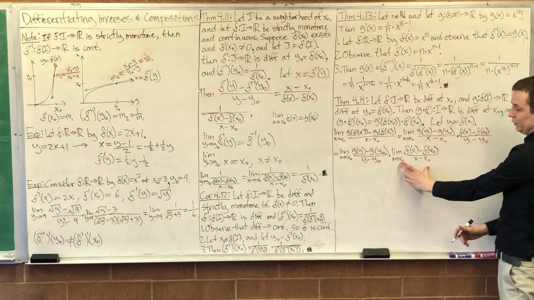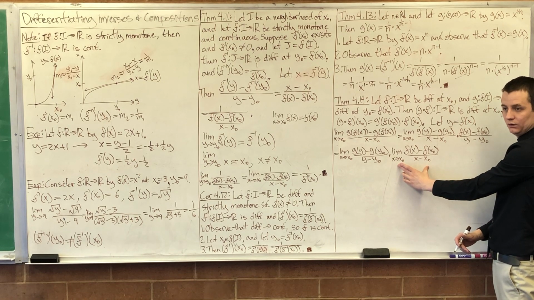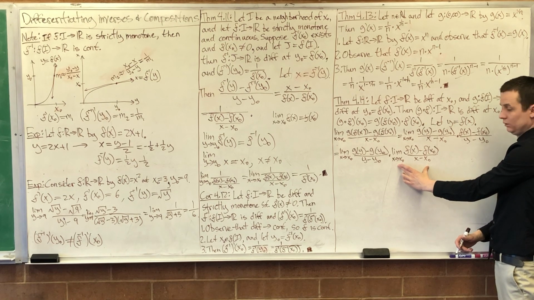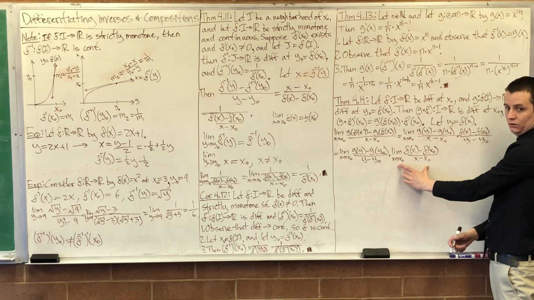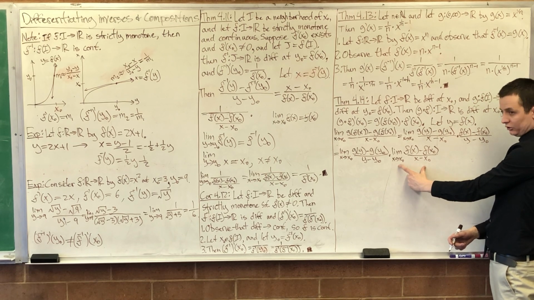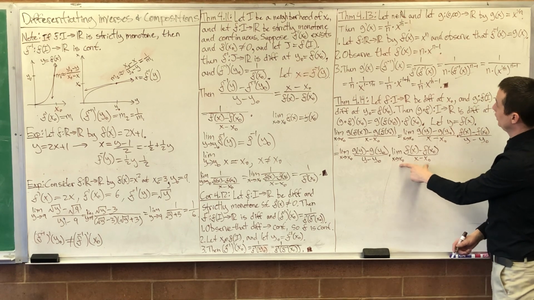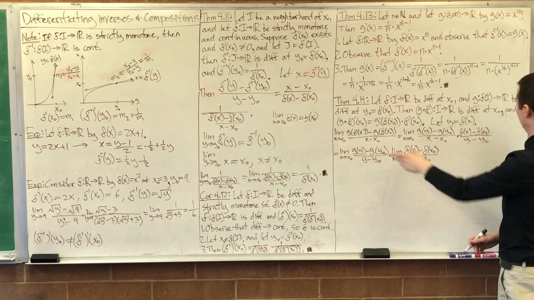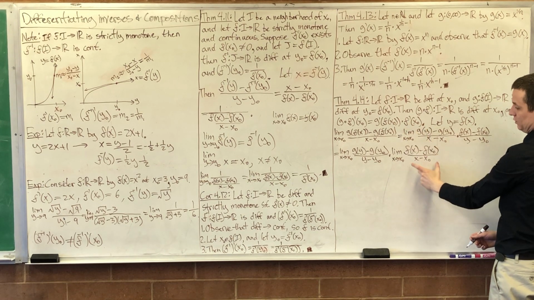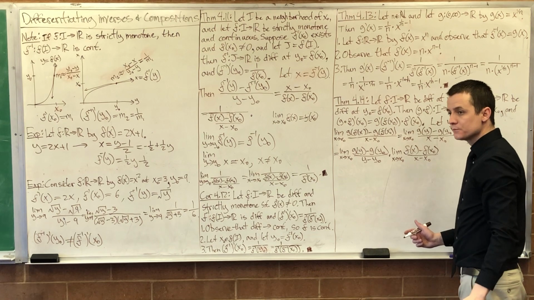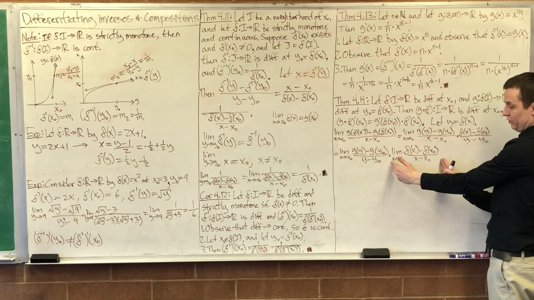Now I know how to evaluate this limit, right? What's this limit? f prime of x naught. Yeah, this is just f prime of x naught, which gives us, if you look at what we're trying to prove, that thing right there. Why? That's the definition of f prime of x naught.